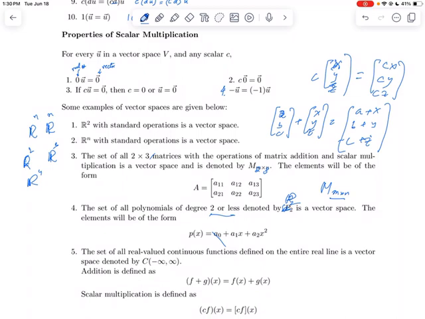So P2 is the set of all polynomials of degree 2 or less. In the same way, P3 is the set of all polynomials of degree 3 or less, and so on. So Pn in general is the set of all polynomials of degree n or less. These are all vector spaces because they satisfy all those axioms.